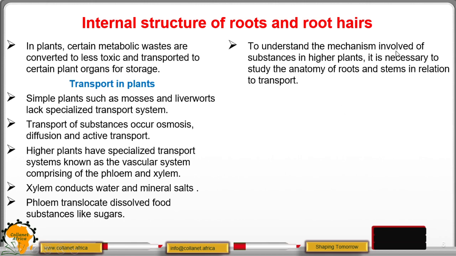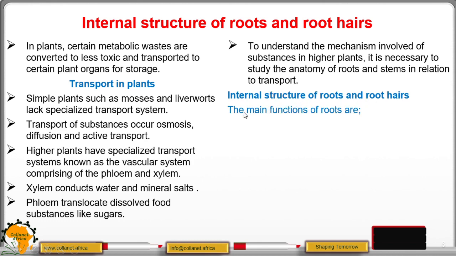To understand the mechanisms involved in transport in higher plants, it is necessary to study the anatomy or the structure of root and stems in relation to transport. We shall look at the internal structure of root and root hairs first. What are some of the functions of the root?